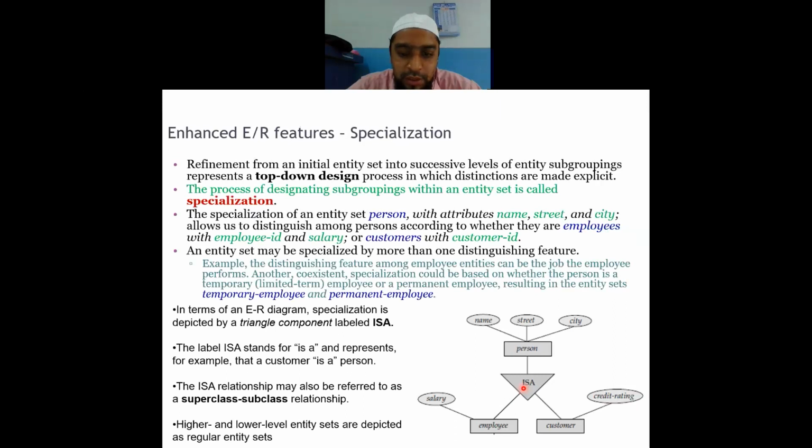Is there any doubt in specialization and generalization? I'm stressing here because these are very important questions that will be asked in your exams.